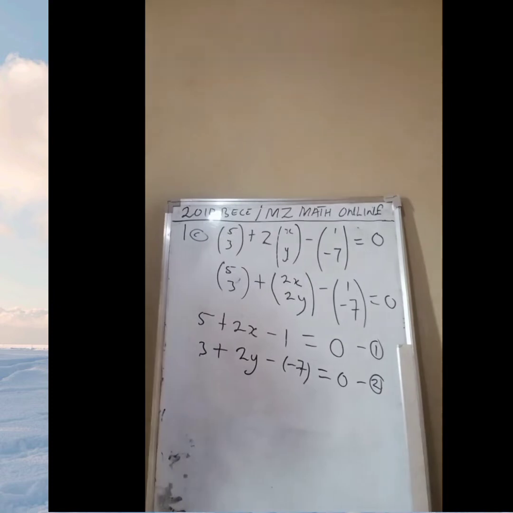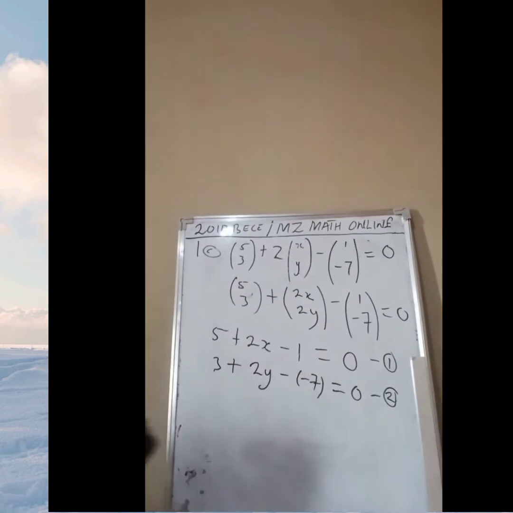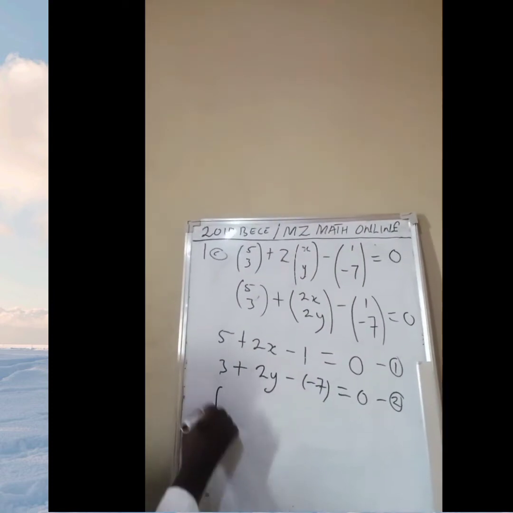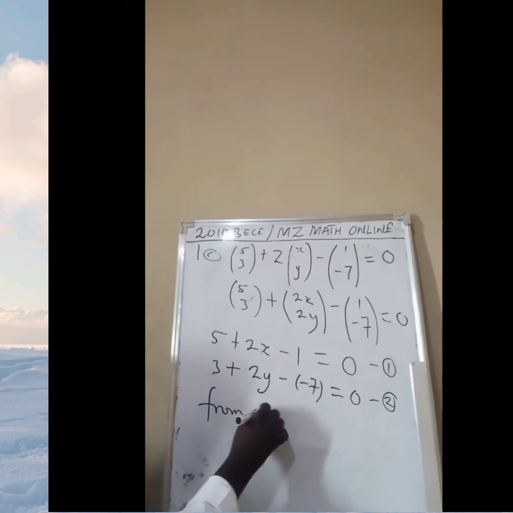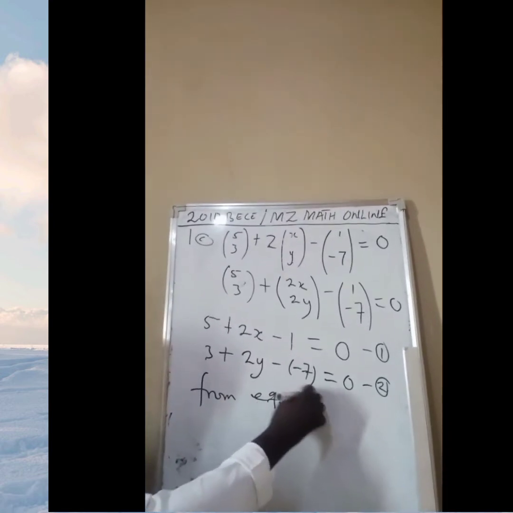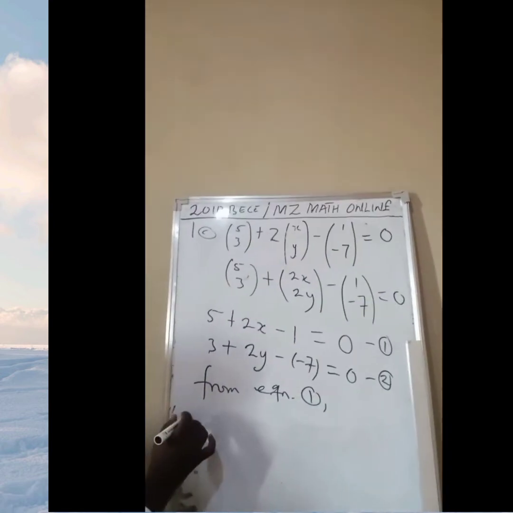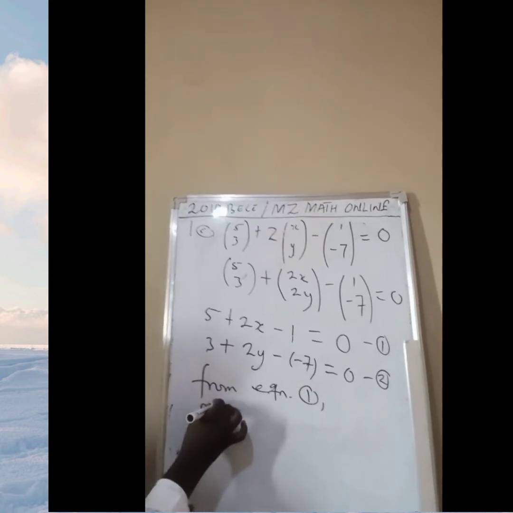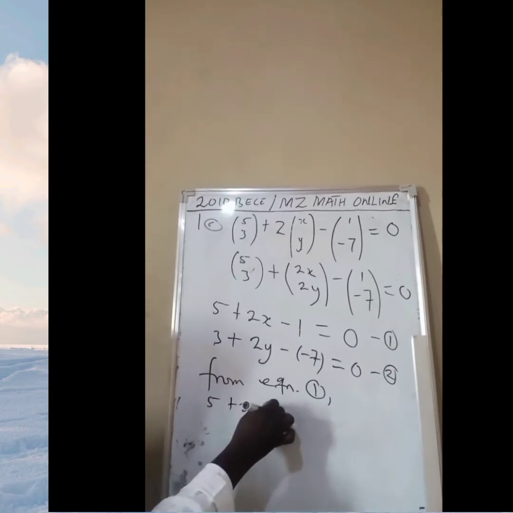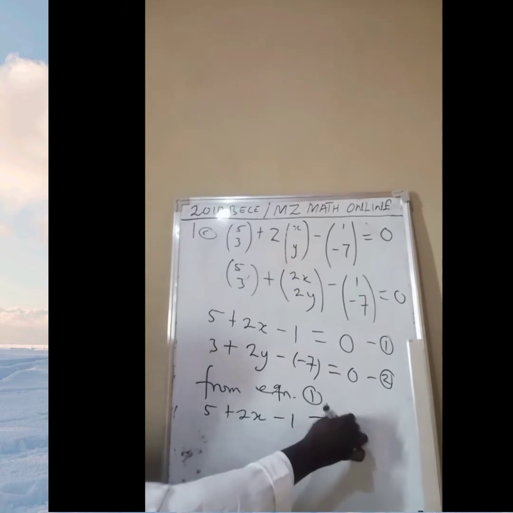Alright, by taking from equation 1, we have 5 plus 2x minus 1 is equal to 0.